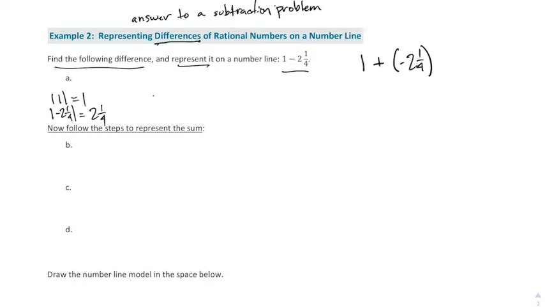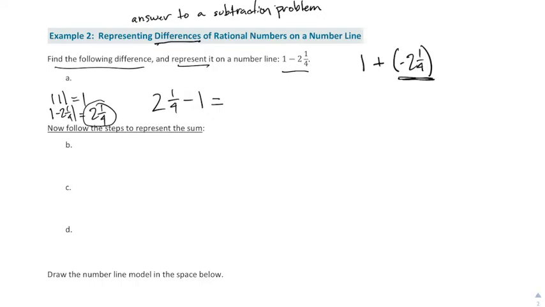So it's telling me that I can take 2 1/4, subtract 1, and whatever that is, I can use the sign for the greater absolute value. 2 1/4 is greater than 1, so I'm going to use the sign from 2 1/4, which is negative.